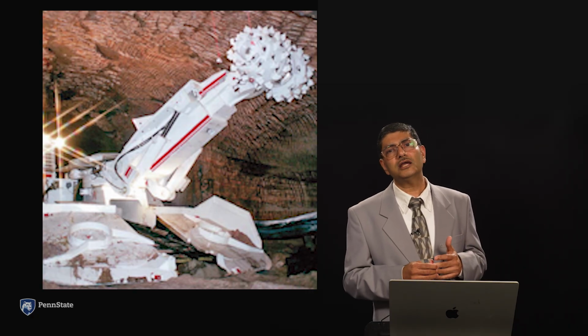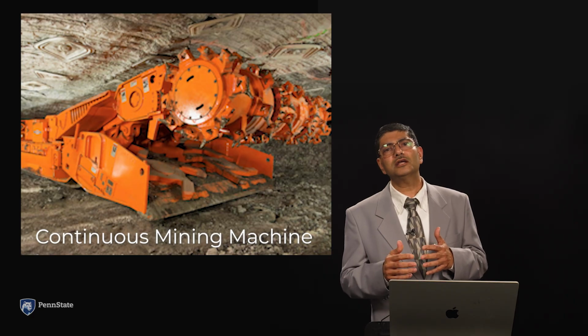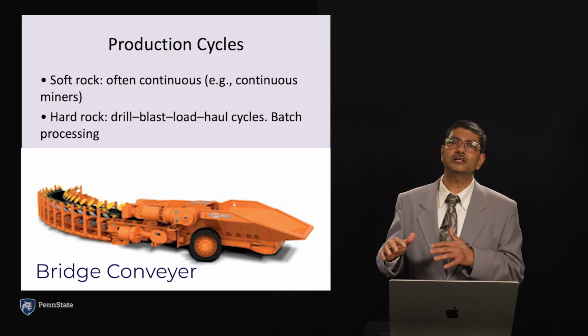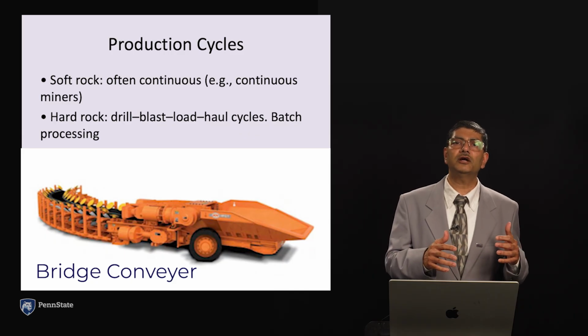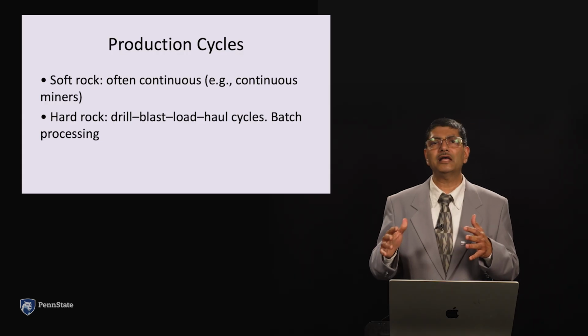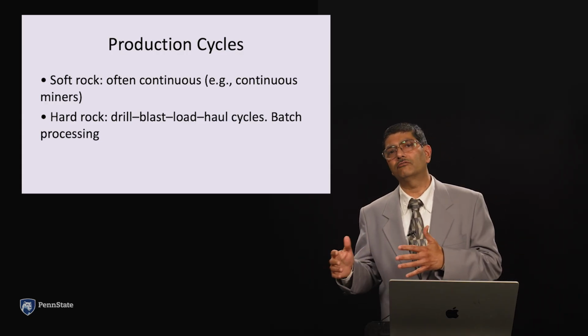The production cycles and continuous operations: the basic production cycle is repetitive. Some systems operate continuously, such as conveyors and continuous miners in soft rock, while most hard rock systems remain batch oriented, which cycles through the drill, blast, load and haul phases.